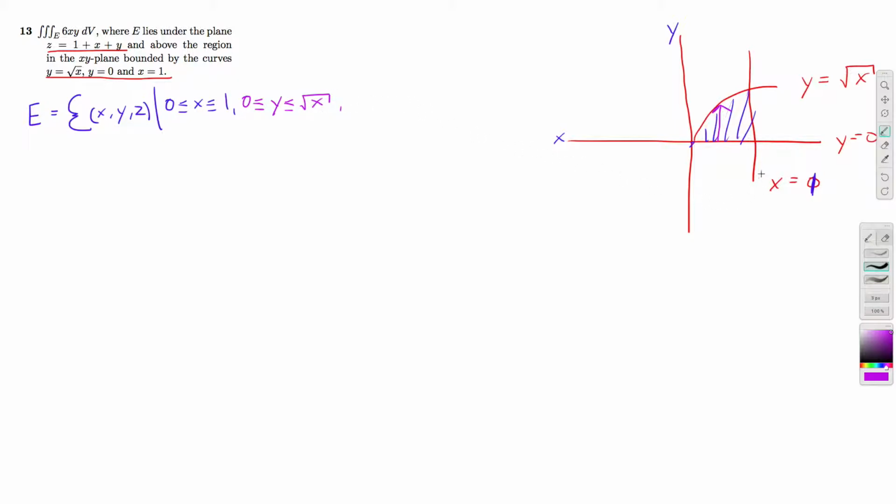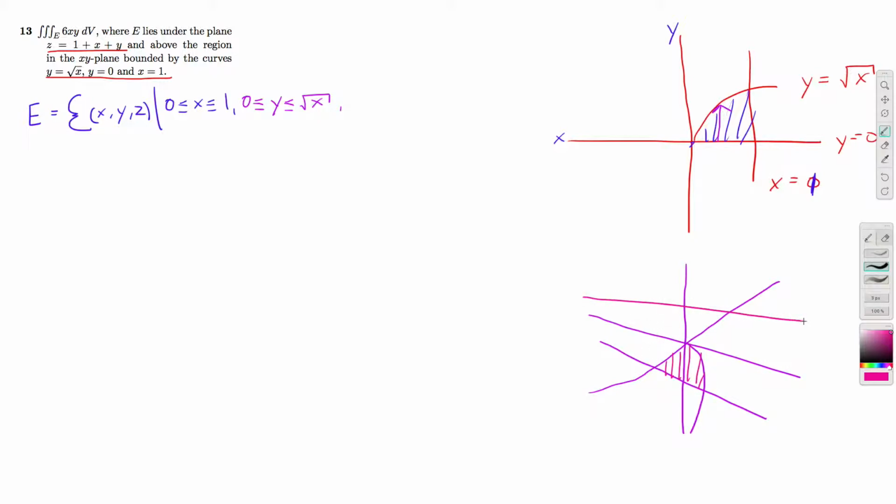And then z, what's z equal to? Well, let's quickly draw one of these. We know that in our xy plane we have this, and x equals 1, so we know that this is the area, and then we have some sort of plane. We don't have to know the exact coordinates of the plane, we just need to know it's everything underneath the plane.